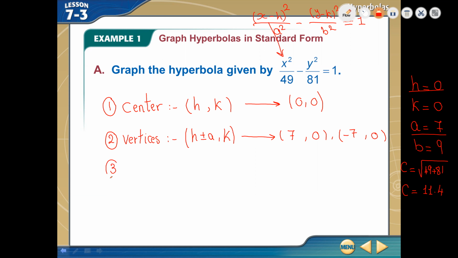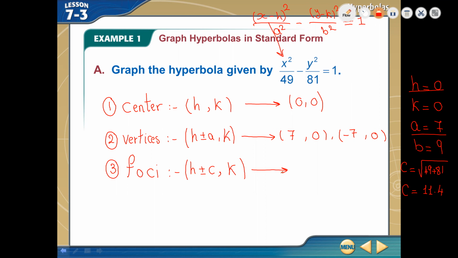Number 3 is the focus, but I have two focus here, it means foci. Can you give me the rule of the foci points? H plus or minus C, comma K. Yes, of course.